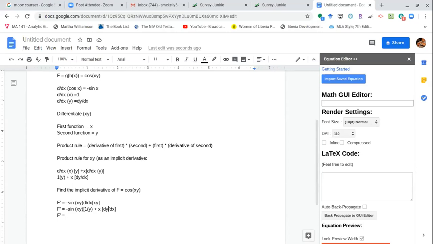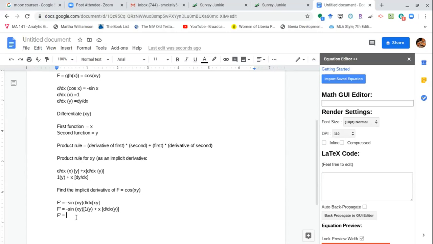I made a typo. This should be x, this should be d dx. I typed it wrong. X d dx of y. I typed it okay up here, I just lost the variable down here.